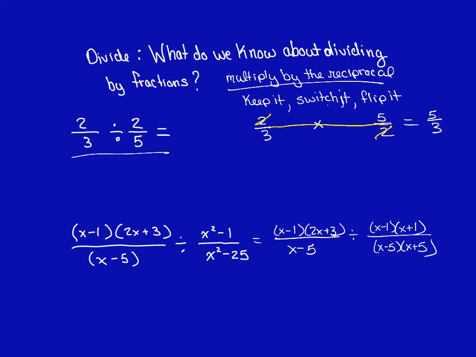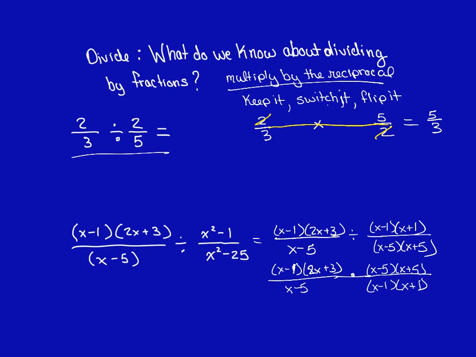If we do the keep it, switch it, flip it, we keep this first fraction, so x minus 1 times 2x plus 3 over x minus 5. We switch this to multiplication, and then we flip the second fraction, so we got x minus 5, x plus 5 over x minus 1, x plus 1, and now we've got a multiplication problem.